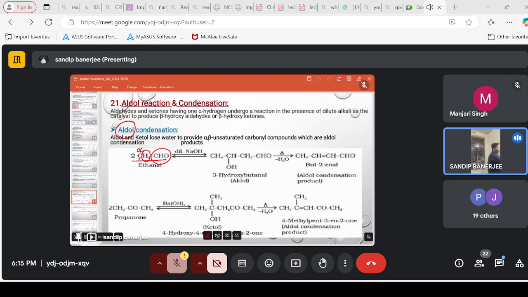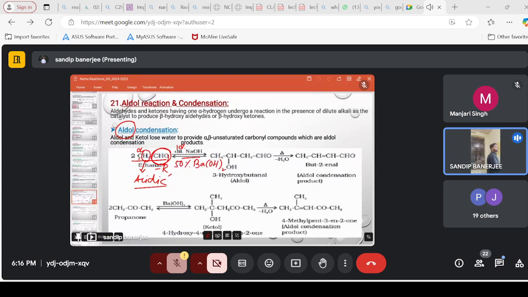Because of the CHO group's minus R effect, these hydrogens are sufficiently acidic. Since they are already acidic, if you use 10% NaOH or 50% Ba(OH)2, a weak base, you can start this reaction.